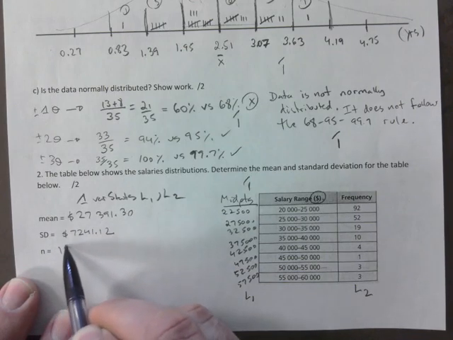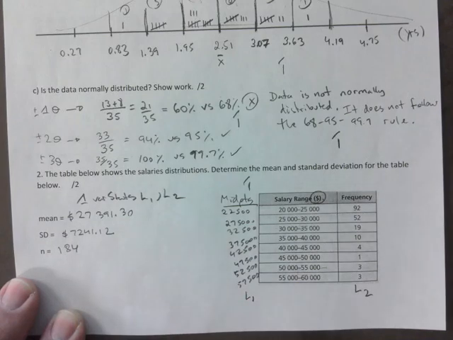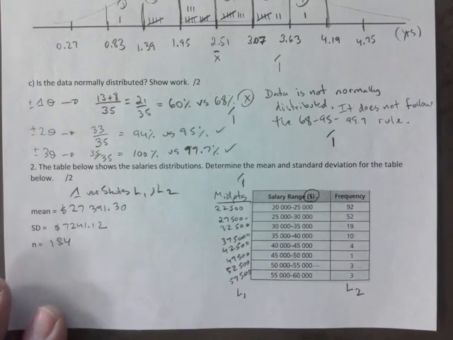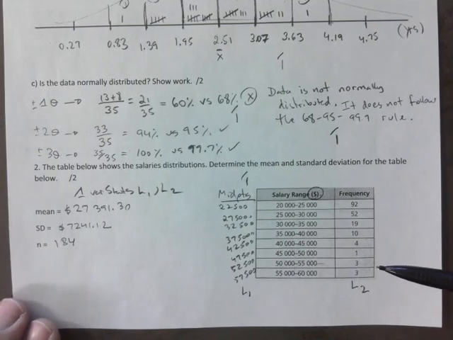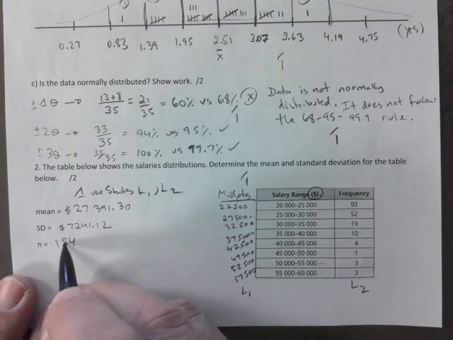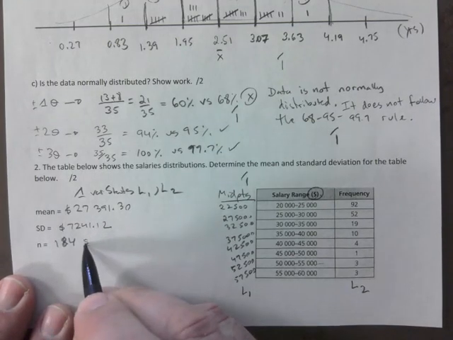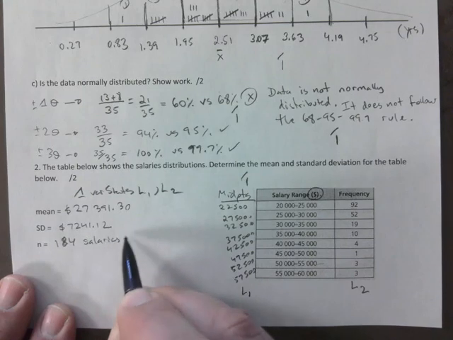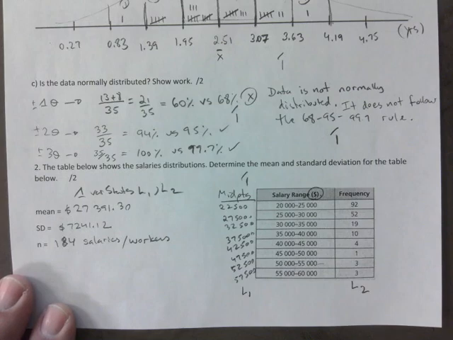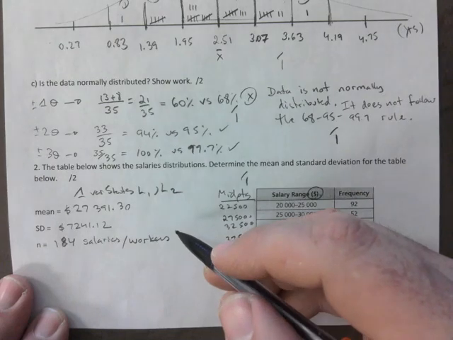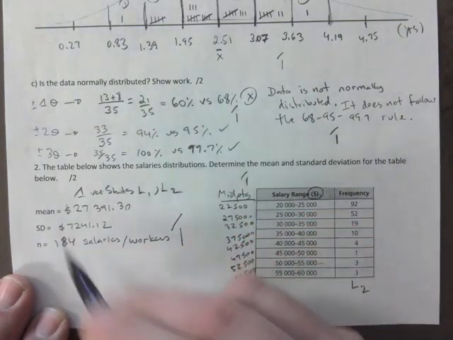And N is 184. What would N be in this case? Number of workers, number of salaries. Workers, just, yeah, context, right? So this is 1, and I'll just give you another 1 for all of this.